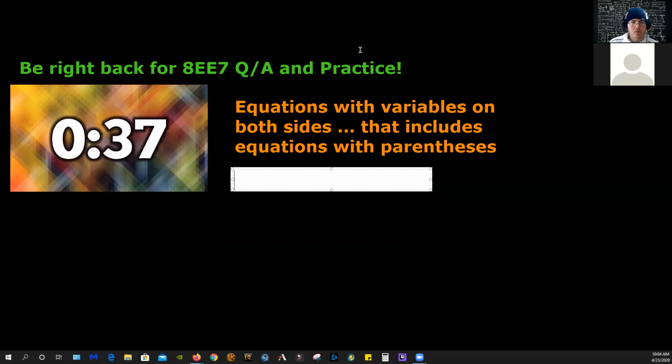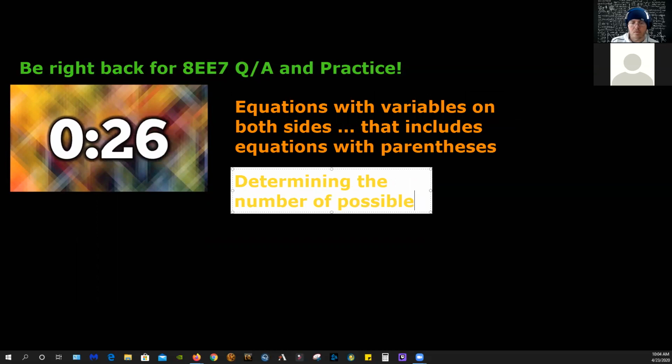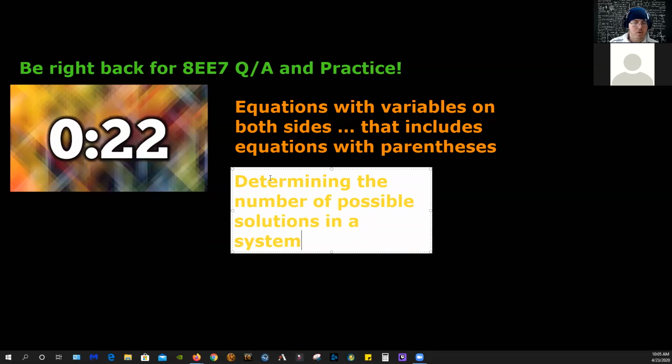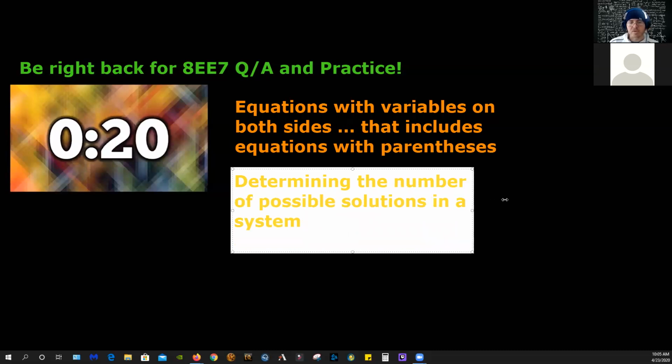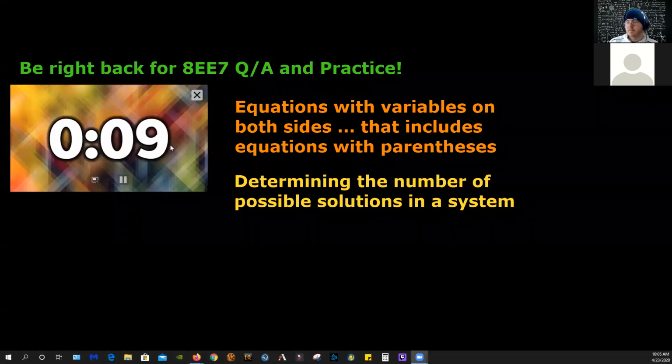Or we could focus on determining the number of possible solutions, or how many solutions there are. Those are the ones with exactly one answer, or no answers, or infinite answers. So those are essentially the skills we're going to get to.